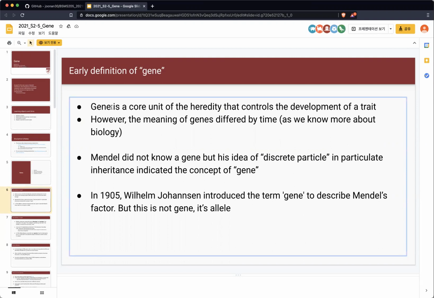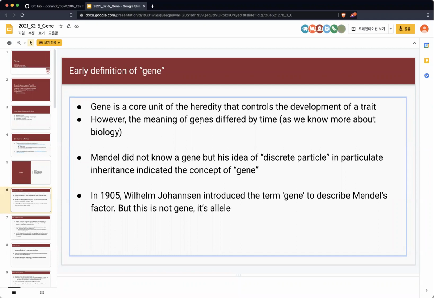But between the early 20th century and the molecular biology era around the 50s and 70s, the gene was actually a core unit of heredity, because people thought about the relationship between genotypes and phenotypes at the center of the gene flow. But as I keep mentioning over many sessions, the meaning of genes actually differs by time.